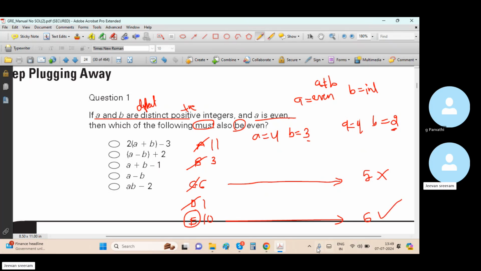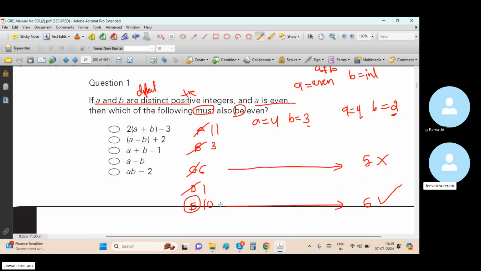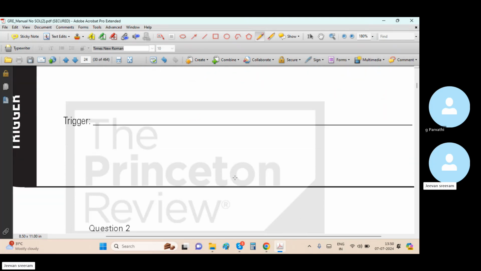Any doubt? This is how you can handle it. Of course, the students might not get the idea that even plus odd minus odd can give you odd or even. So you can directly go with plugins like this. Let's move on to the next.